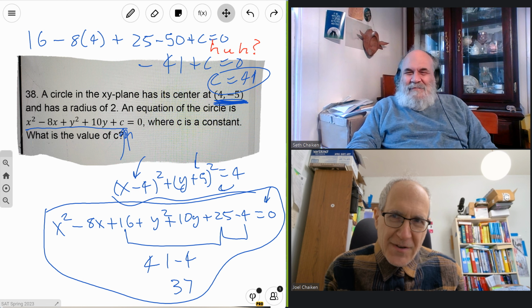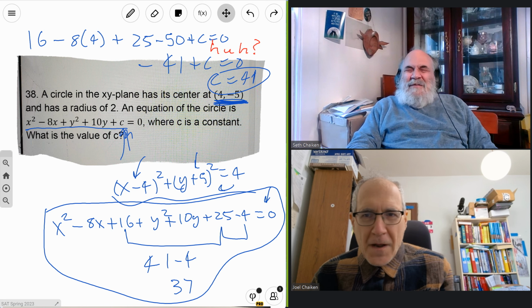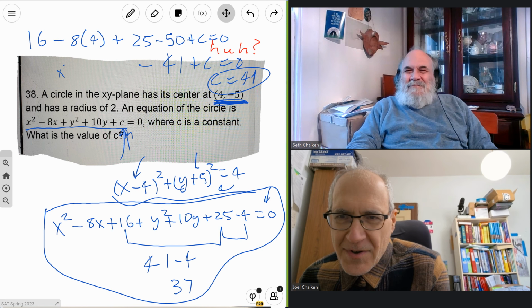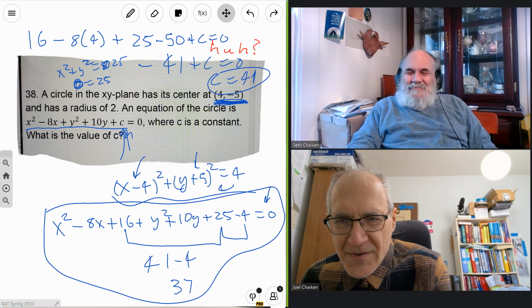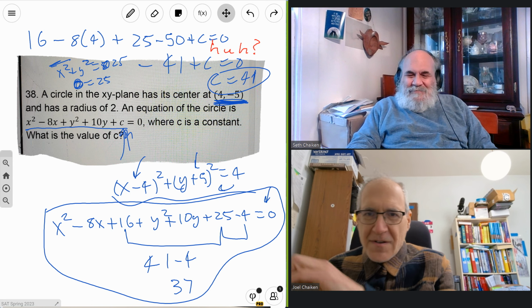Let's use a simple case: x squared plus y squared is 25. You plug 0, 0 in because that's the center, and you get 0 on this side of the equation.